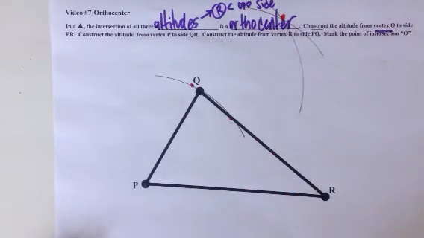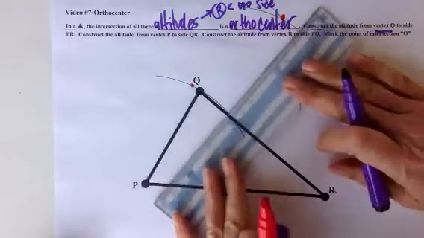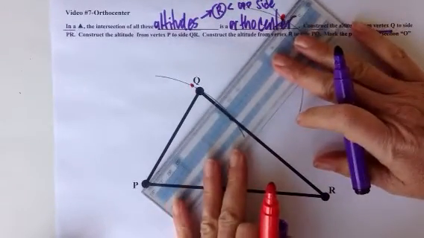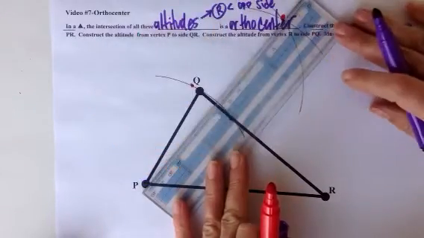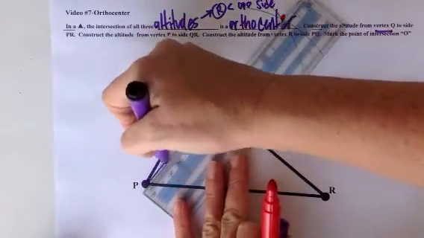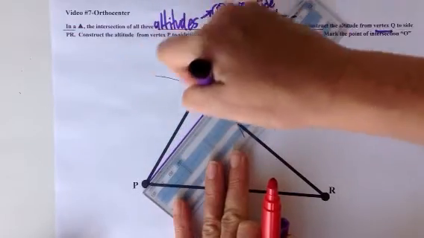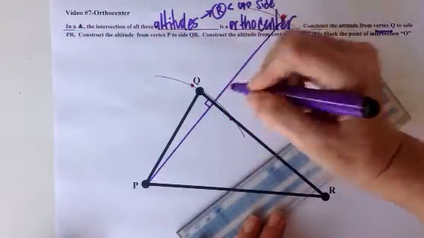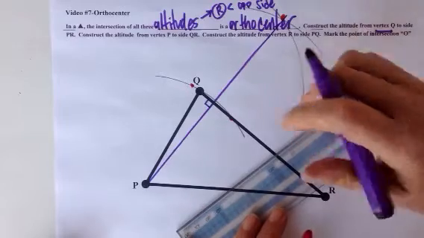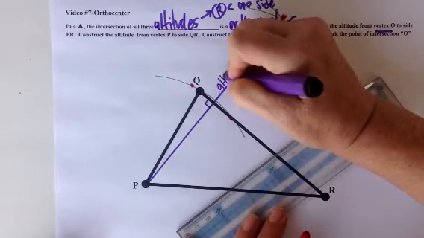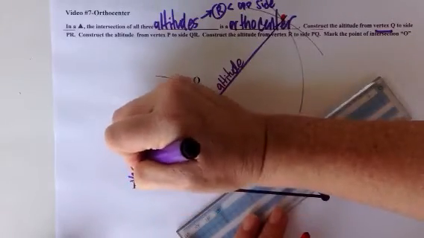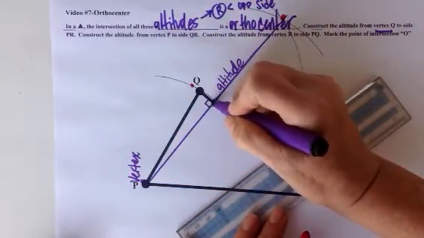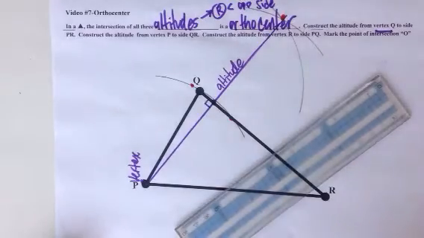So you want to line up from point P to that point of intersection way out there. That's going to be an altitude. And there's a right angle there. Notice it's not going through the middle. That is an altitude. And that goes from the vertex to the opposite side at a right angle.